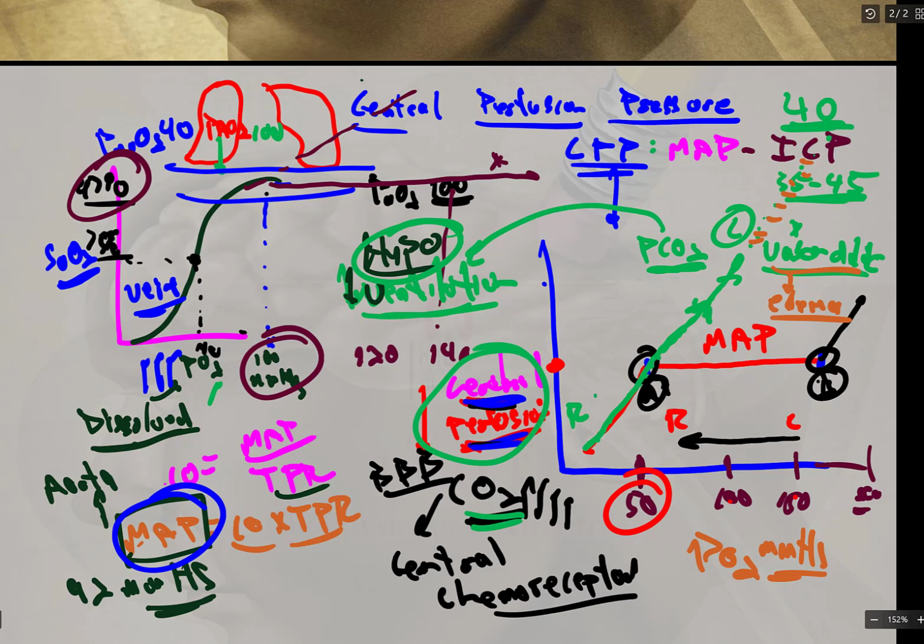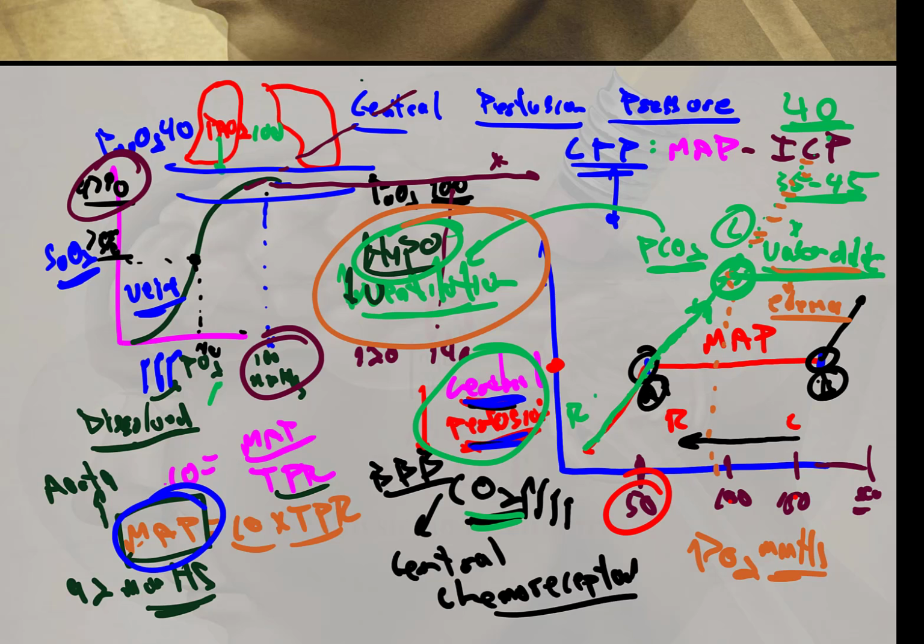The cutoff point is approximately CO2 of 90. So when you're hypoventilating, at approximately 90, you're going to plateau off, because any further vasodilation is going to cause cerebral vasogenic edema.